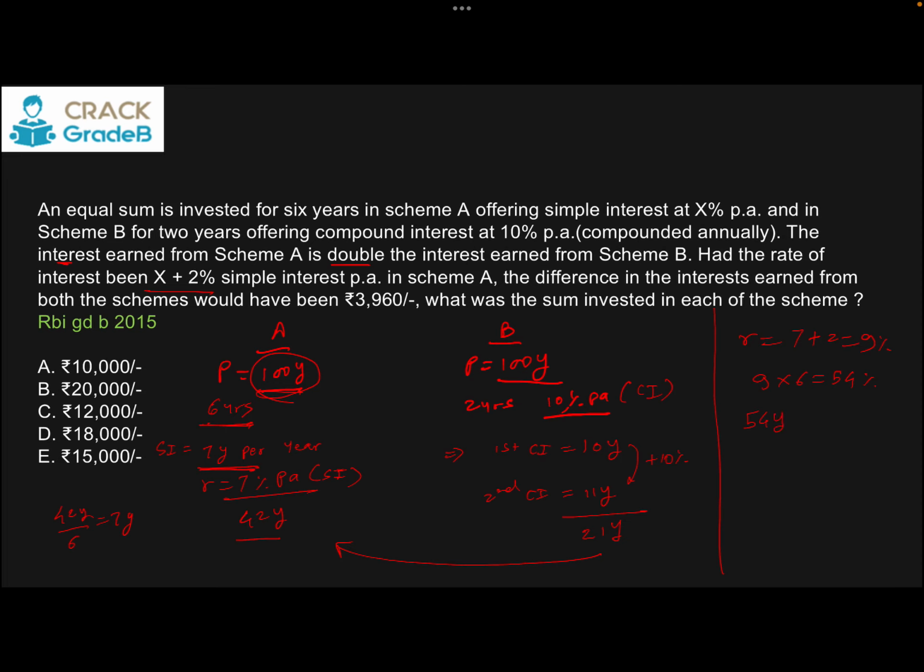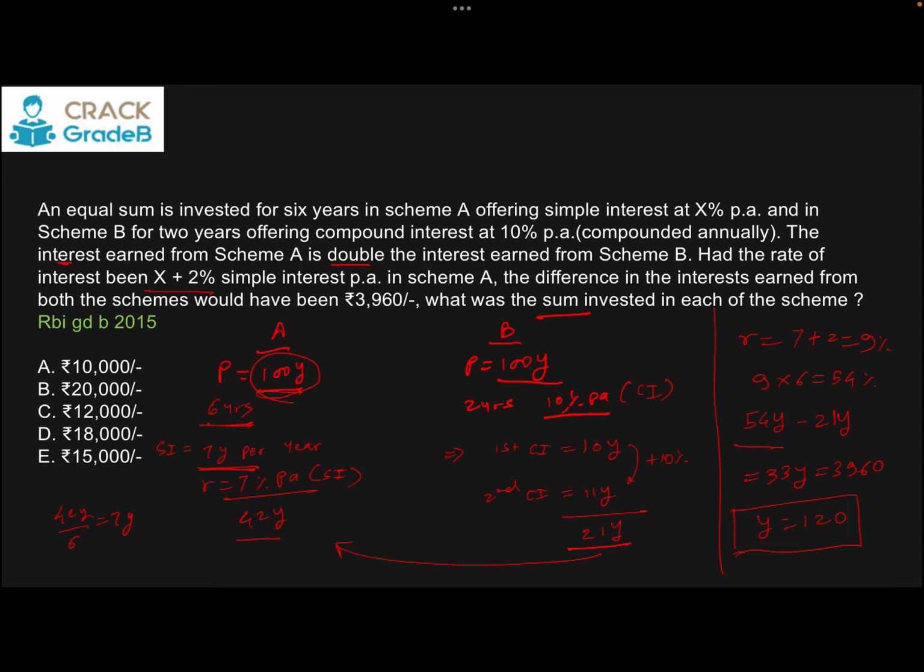So 54y would be the simple interest then. They are saying the difference between new simple interest and the compound interest, which is 21y. The difference here is 33y, is said 3960. So the value of y will be 120.